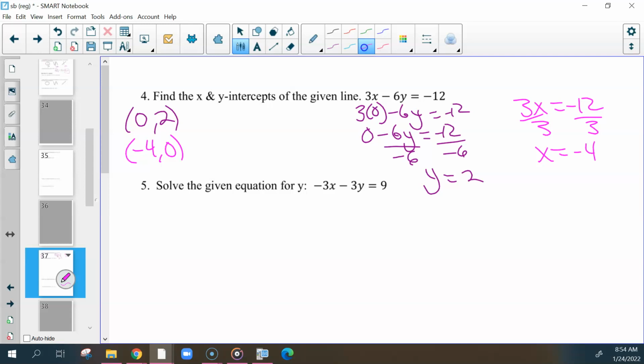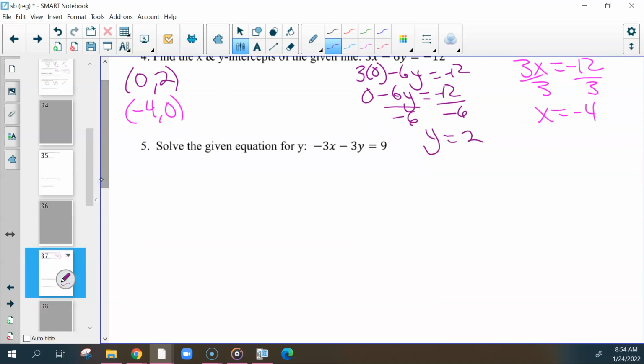Okay. So for this one, it didn't say solve for y, so I'll let you choose. Did anyone solve for x? Okay. So we'll do both. So if you were solving for y, you would need to get rid of your x term, add 3x on both sides.